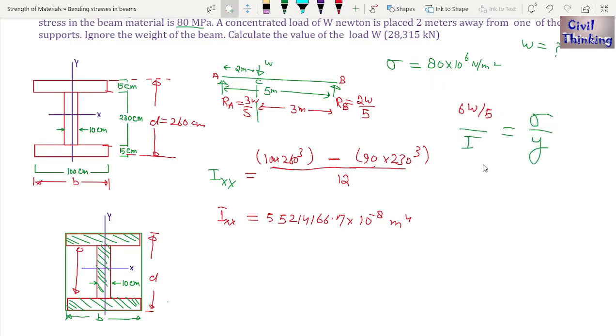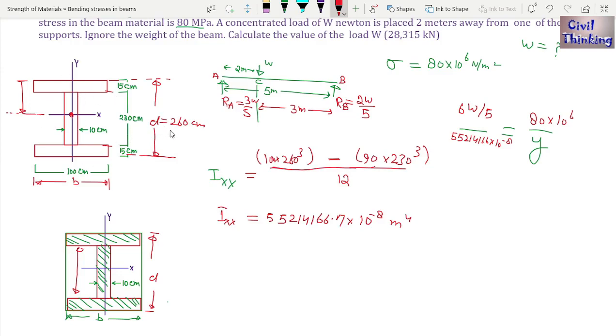So here it is 5521416 multiplied by 10 power minus 8, right? Now sigma is 80 multiplied by 10 to power 6. Now y is what? Y is the depth of the neutral axis. Let me say this is the neutral axis, so the depth of the neutral axis will be half of the total depth.